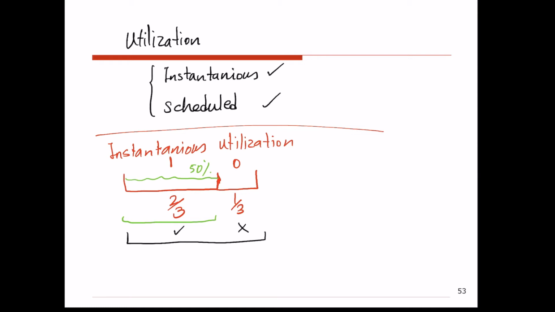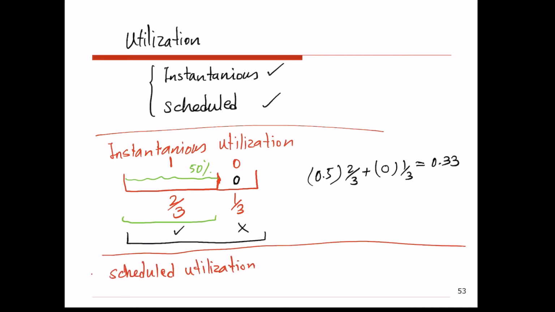So the instantaneous utilization is 50% or 0.5 for 2/3 of the time that the resource is available, and for the other 1/3 of the time the resource is not available, the capacity is 0, and the utilization is 0 as well. So the result here is 0.33. The instantaneous utilization of this resource will be 0.33.